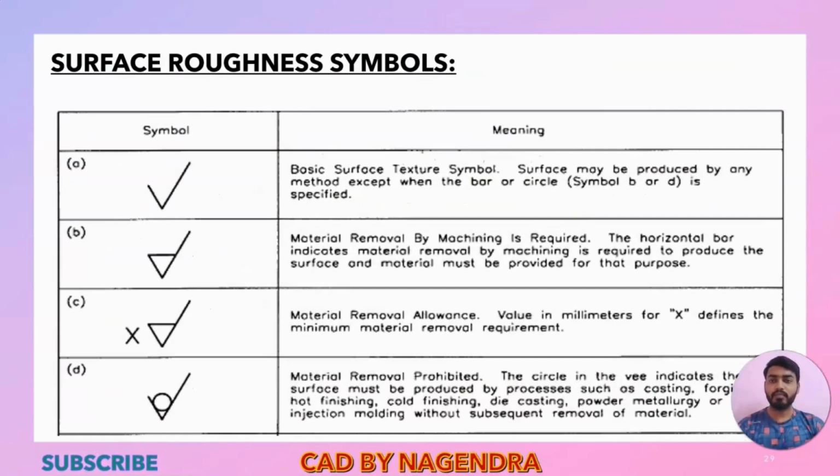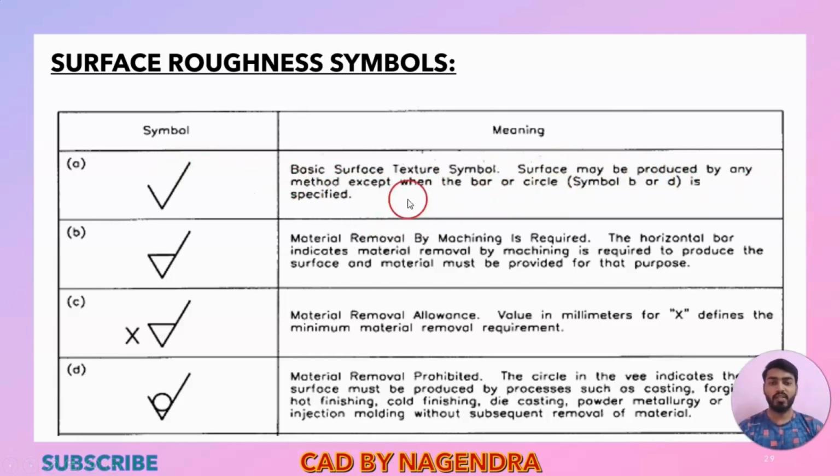Then we'll be having surface roughness symbols also. So after making production, we need to maintain the surface finish. So for that, we'll be having different types of symbols. First one is this open triangle. If they mention this symbol, basic surface texture symbol, the surface may be produced by any method except when the bar or circle is specified.